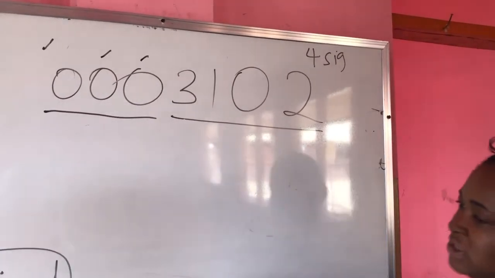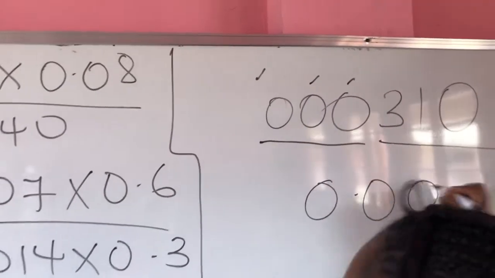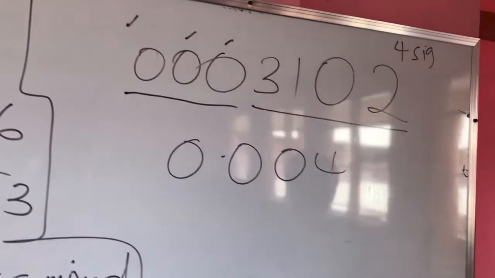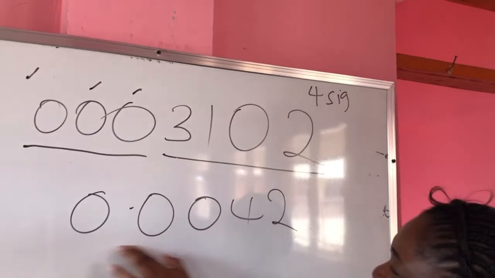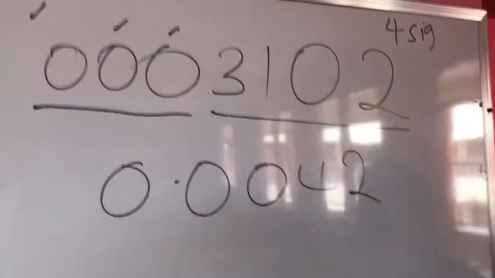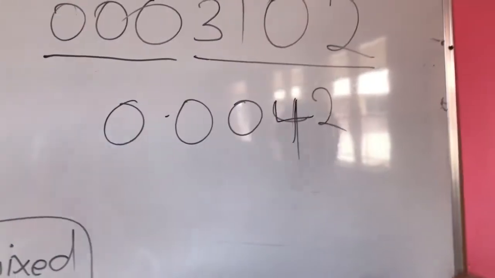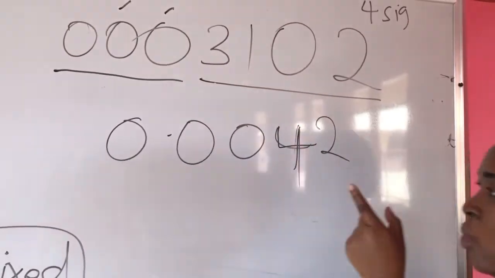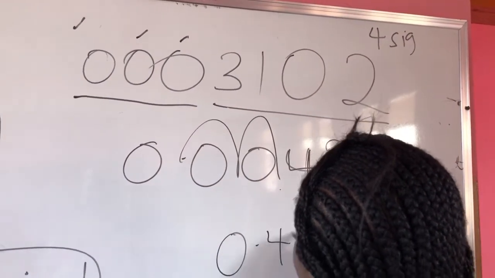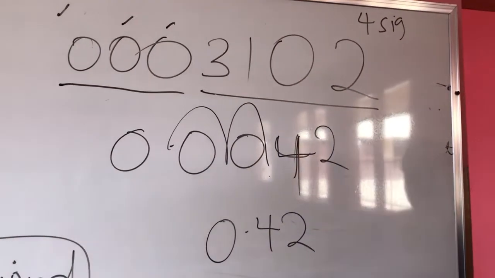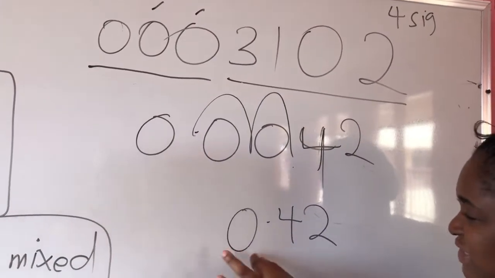Why am I talking about this? Now, when I ask you to change 0.042, I realized that what some of you were doing is, if I ask you to change this to standard form, you move the point to the 0. No, this is wrong. 0.42 is not standard form, because 0 is not the first significant number.